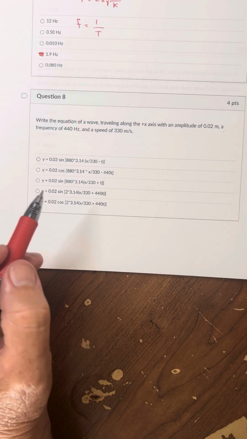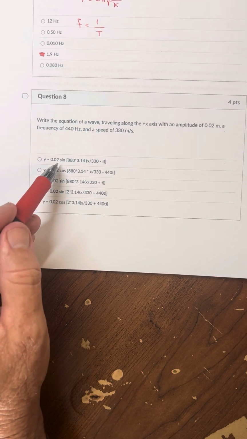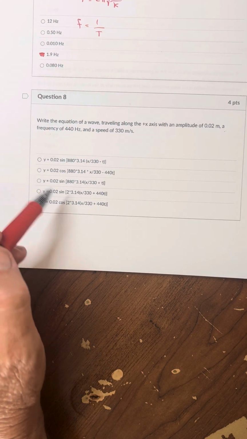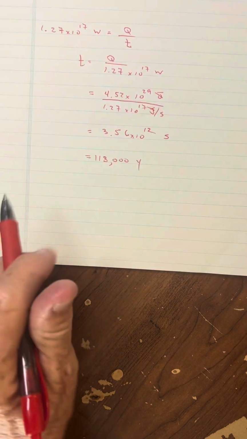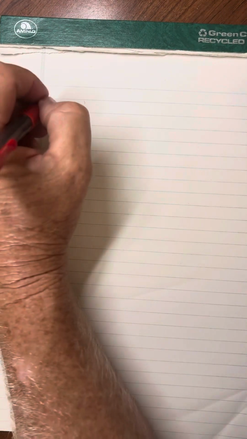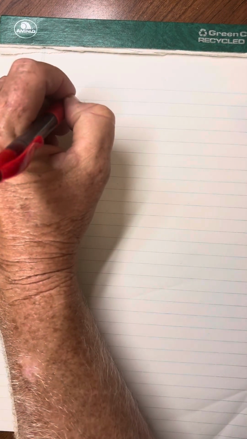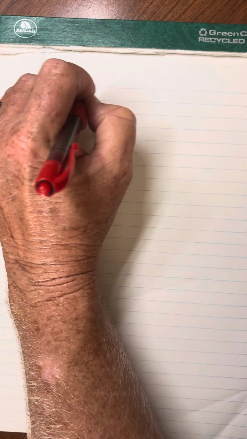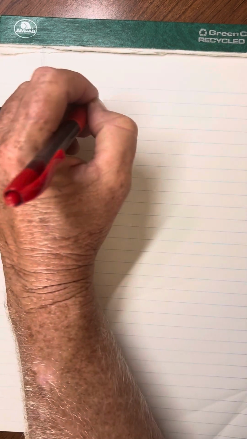And so, sadly, I can't really rule anything out quite yet. And in fact, maybe you kind of remember this discussion on the wave equation, but there's a couple ways of looking at it. It would be amplitude times either a sine or a cosine.